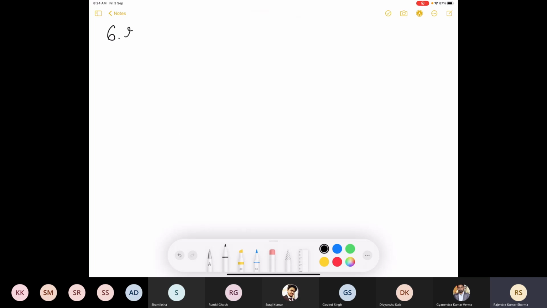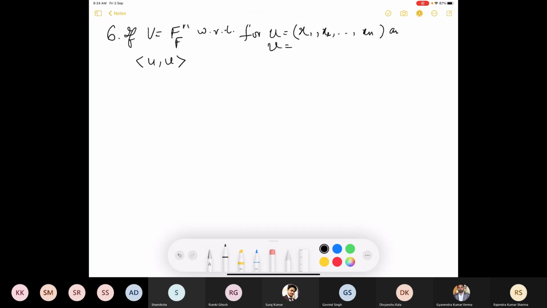So if you take V to be Fn over F, then with respect to the standard inner product defined by U comma V, for say U as x1, x2, up to xn, and V as y1, y2, up to yn.